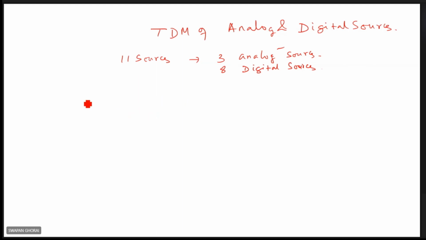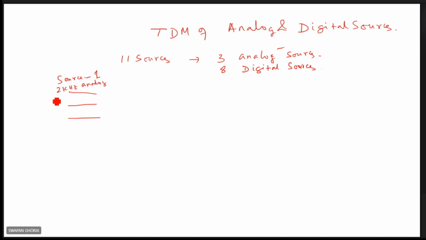So you see, there are 3 analog sources. Source 1 is 2 kilohertz analog.